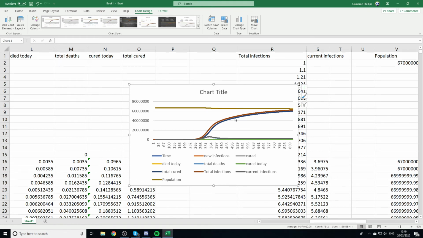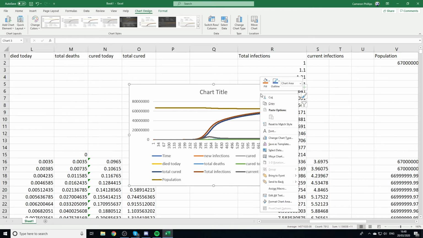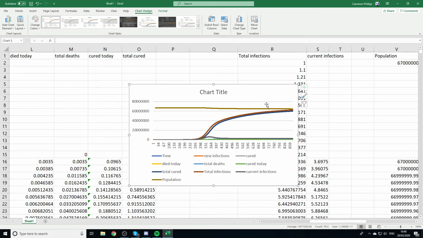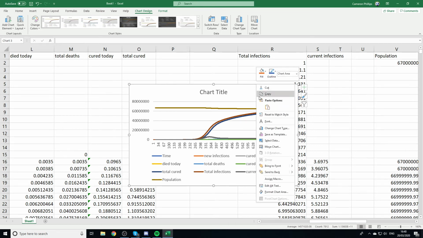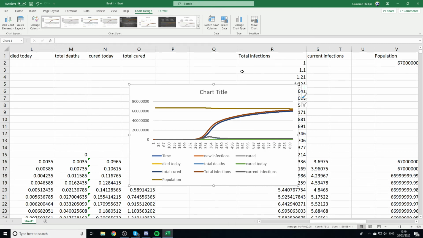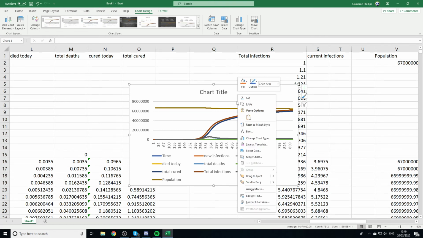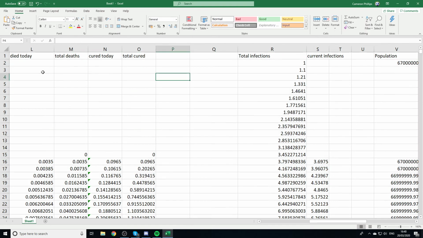Total cured lagging behind that. Cured, where's the died today's yellow? We need to look at that because that's when the NHS is really quite pressed. Okay. Going to get rid of this graph. Cut it. Does that cut the graph? No. Can we delete it? I wish I could use this computer better. Cut. There, it's gone. Right, let's do another graph.